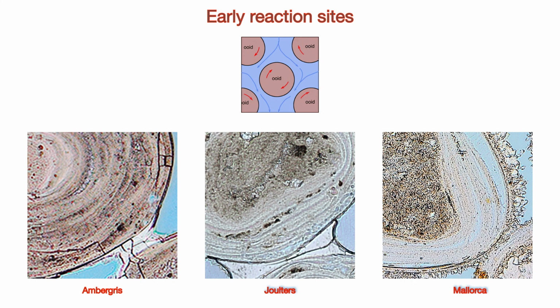The intergranular fluid in the Mediterranean sites nucleated calcite more densely on its ooids than occurred in the Caribbean, perhaps due to its fluid achieving a higher supersaturation or magnesium content.